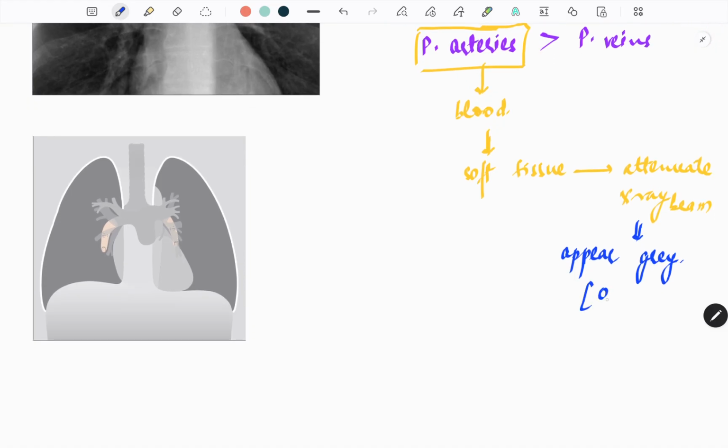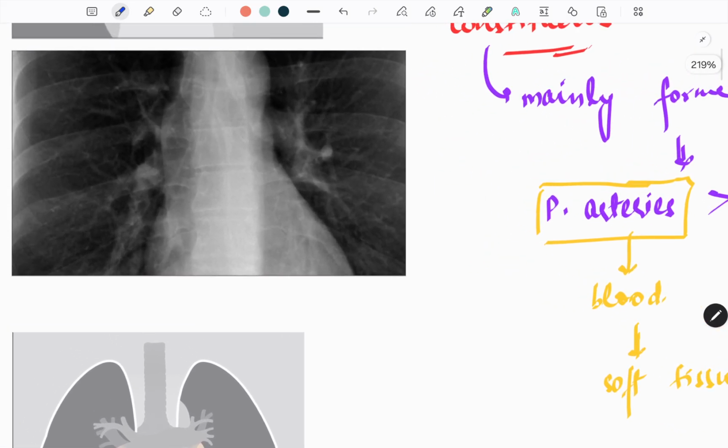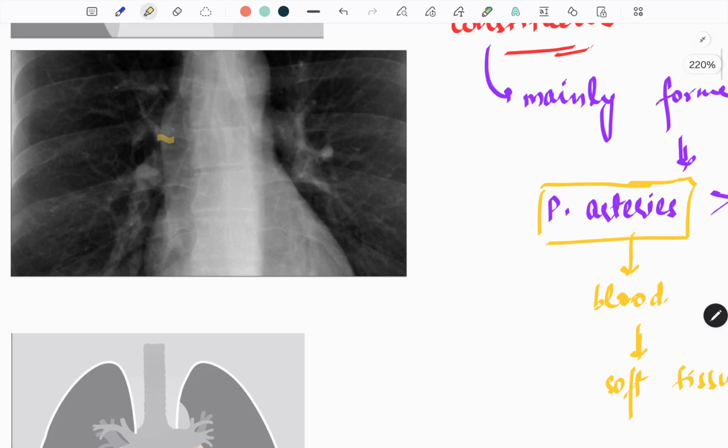What it means, it will fall on the opaque side of the spectrum. So this is the hilum here, this is the hilum here, this is the hilum here.